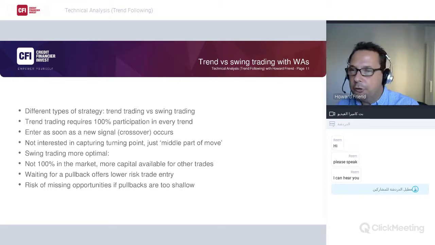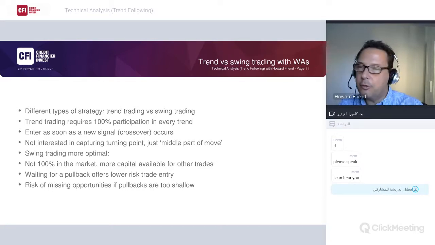So as soon as a new signal kicks off, the trend trader is in the market and they're looking for the move. They're ignoring all the pullbacks and they're just looking for that middle part of the move, which is usually the most profitable. Whereas a swing trader, as I say, is not going to be in the market 100% of the time. They're looking for more optimal entry and exit points to profit from the movements of the market.